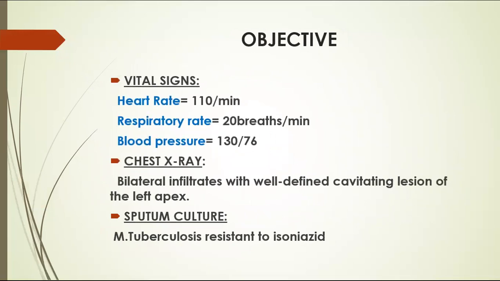Vital signs: heart rate 110 per minute, respiratory rate 20 breaths per minute, blood pressure 130 by 76. His chest X-ray indicates bilateral infiltrates with well-defined cavitating lesion of the left apex. Sputum culture: M. tuberculosis resistant to isoniazid.